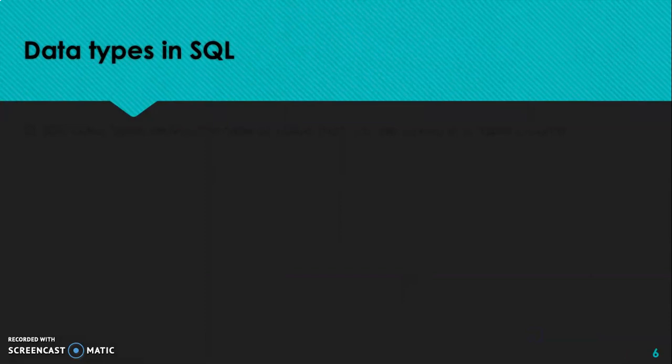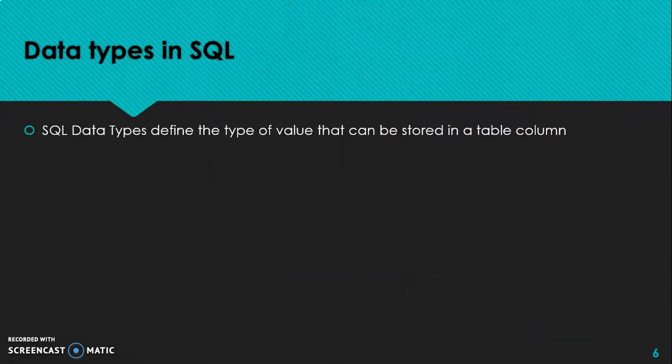Then the data types in SQL. The SQL data types define the type of values that can be stored in a table column. So when you are entering data into a database, while creating your table, you need to specify what type of data that particular column will hold.